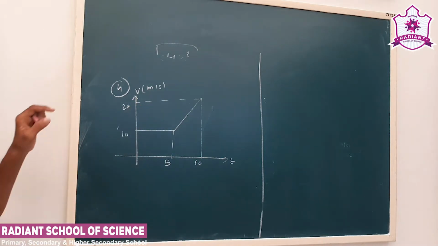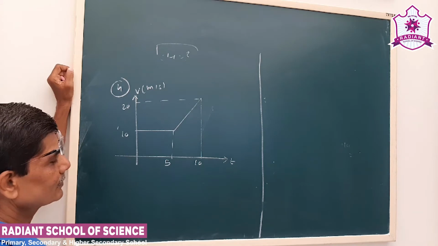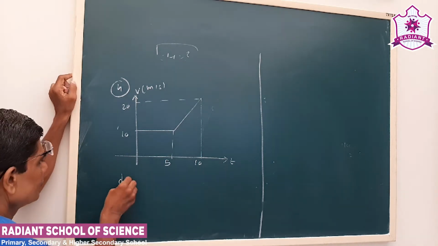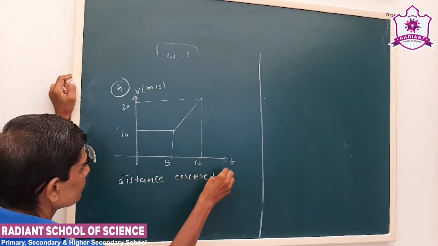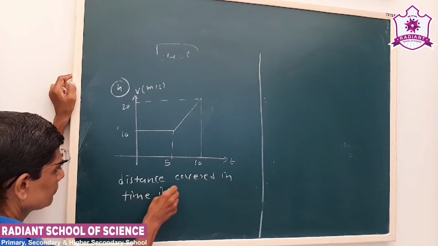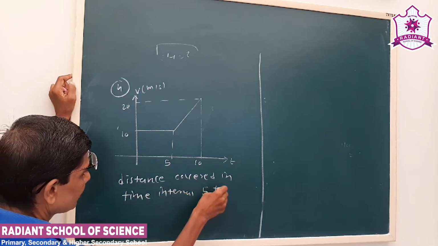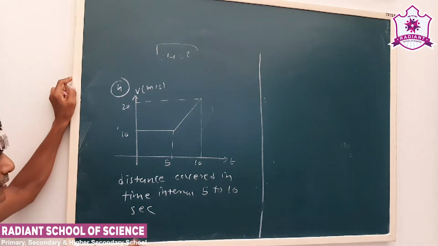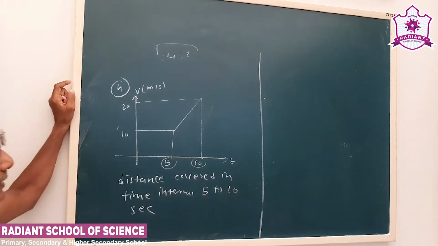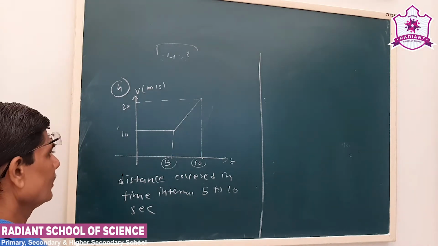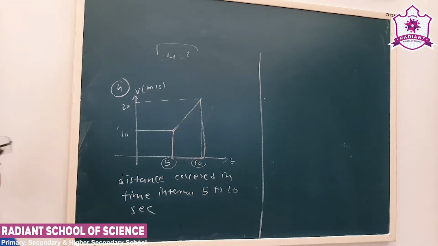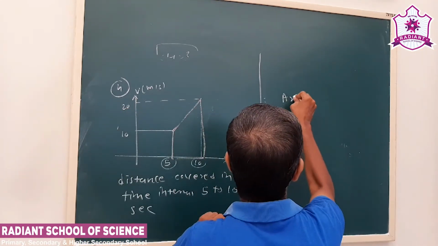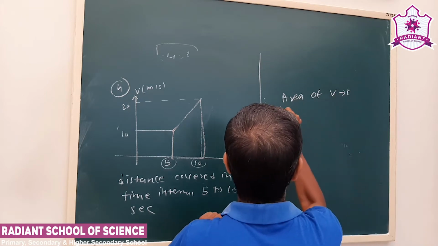We have to calculate the distance covered in the time interval of 5 to 10 seconds. So we know this is a trapezium here. We saw in the theory part also the area of the velocity time graph.